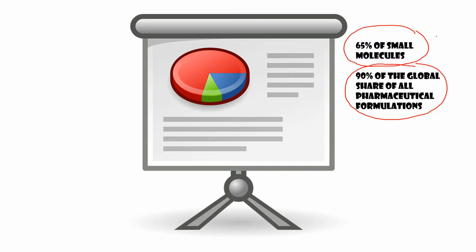It makes you start thinking, why is this the case? Why is oral dosage form so important that it takes up so much share of the pharmaceutical formulations globally? And that is because of some of the advantages that come with administering drugs orally. These are some of the things we'll be talking about here as well.